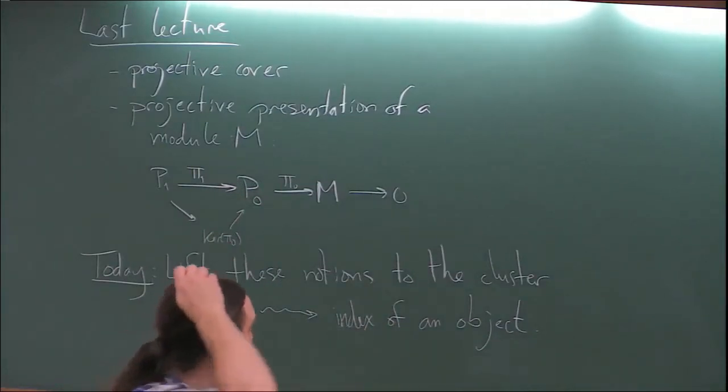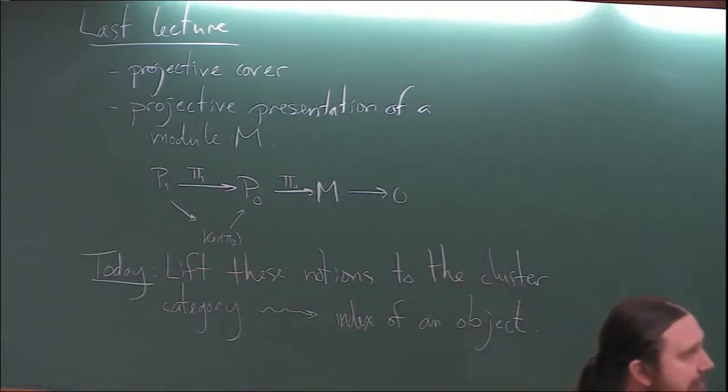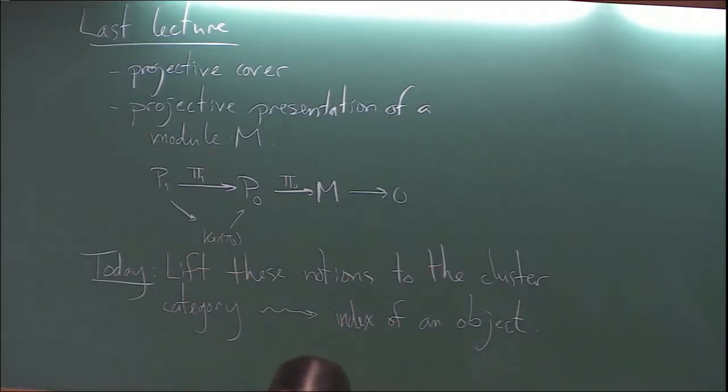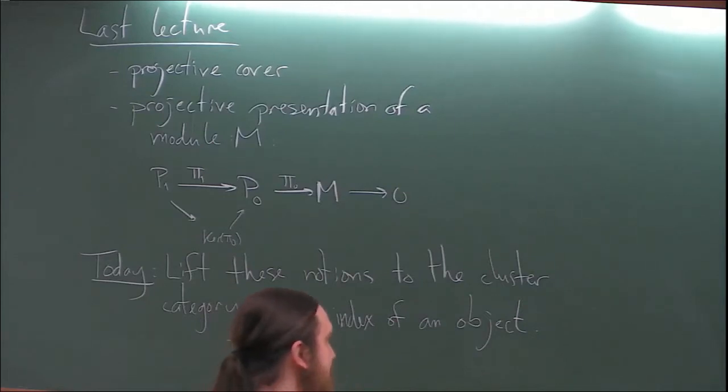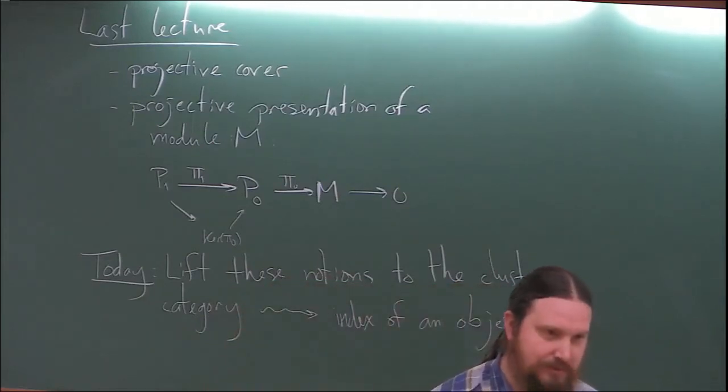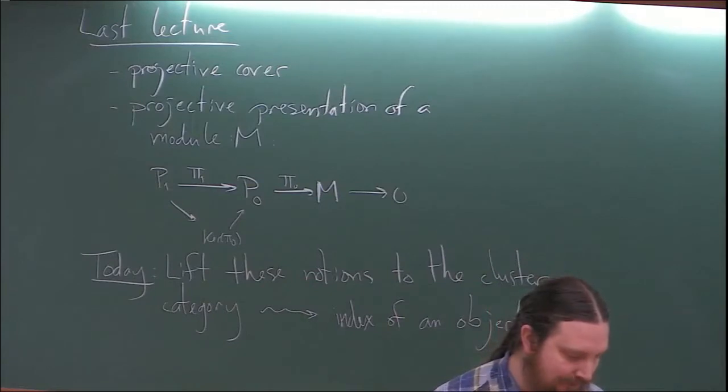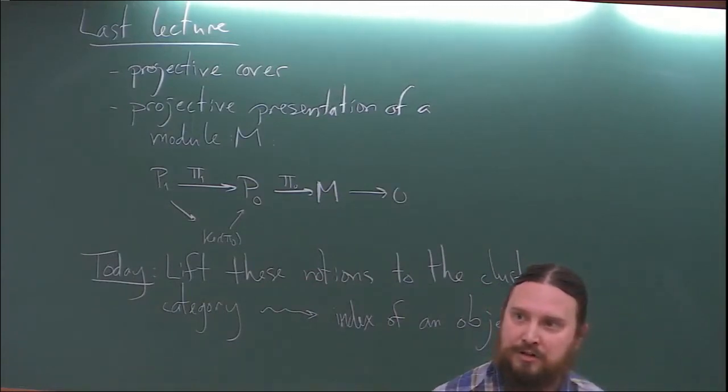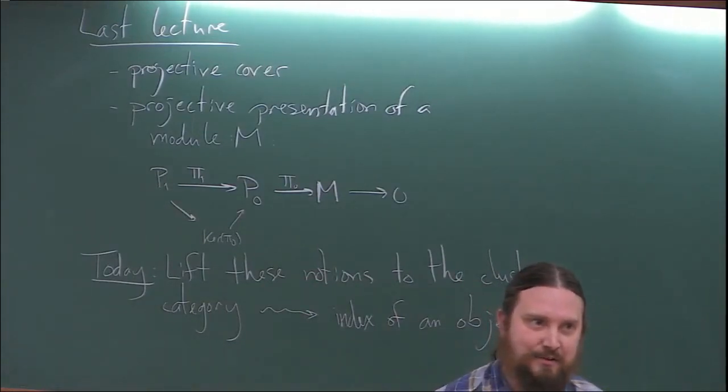Okay, but before we do so, in order just to make sure that some of the tools that we're using in the cluster category are well understood, or at least known, I'd like to make a little reminder on what you can do inside a triangulated category.